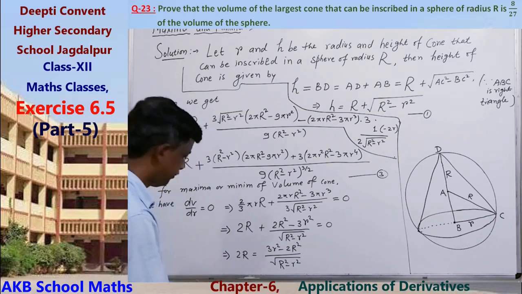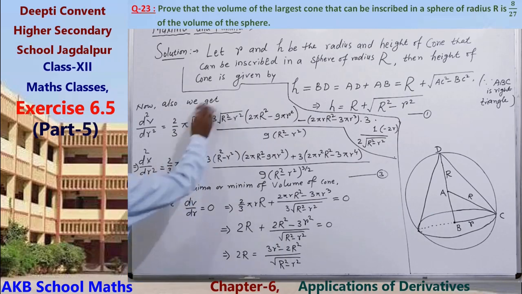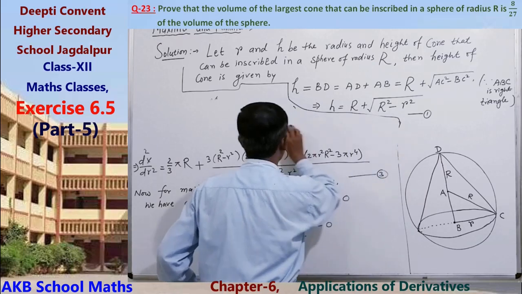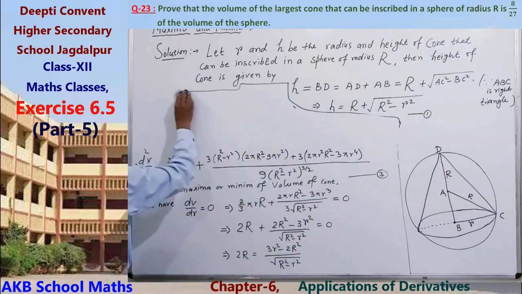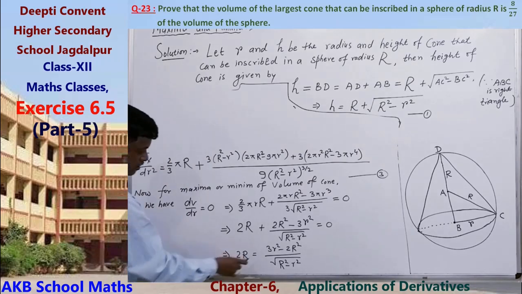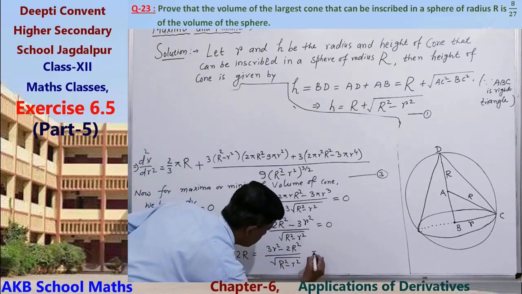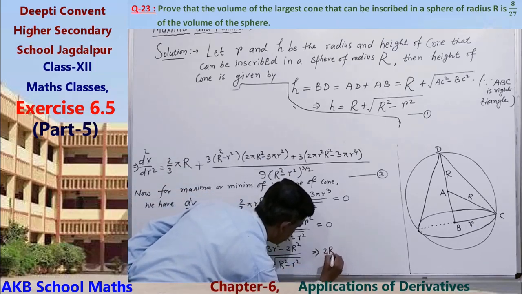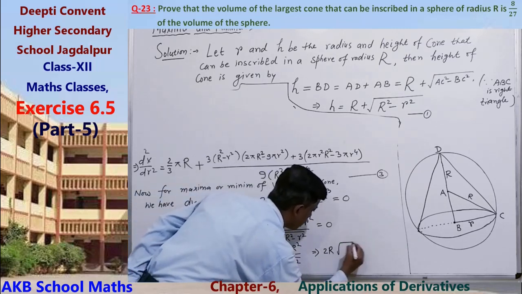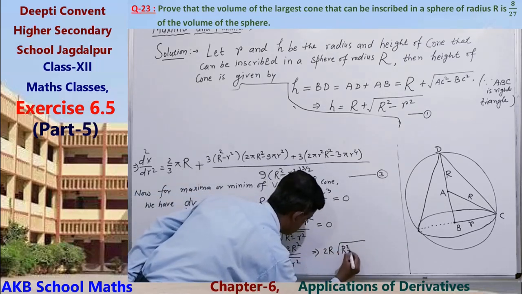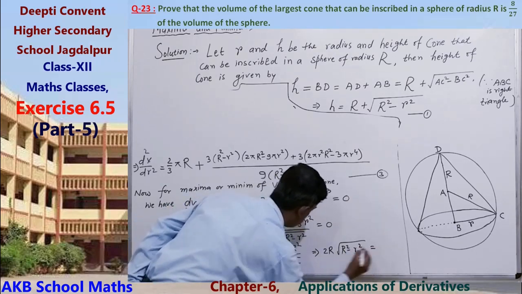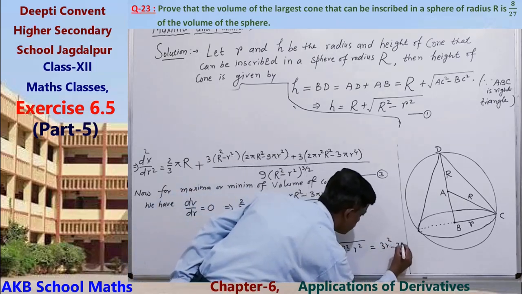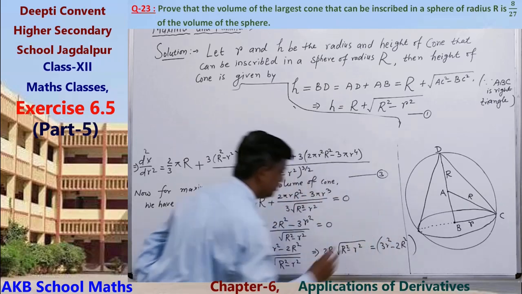Solving it, here you can cross multiply, so 2R root of R square minus r square equals 3r square minus 2R square, like this.